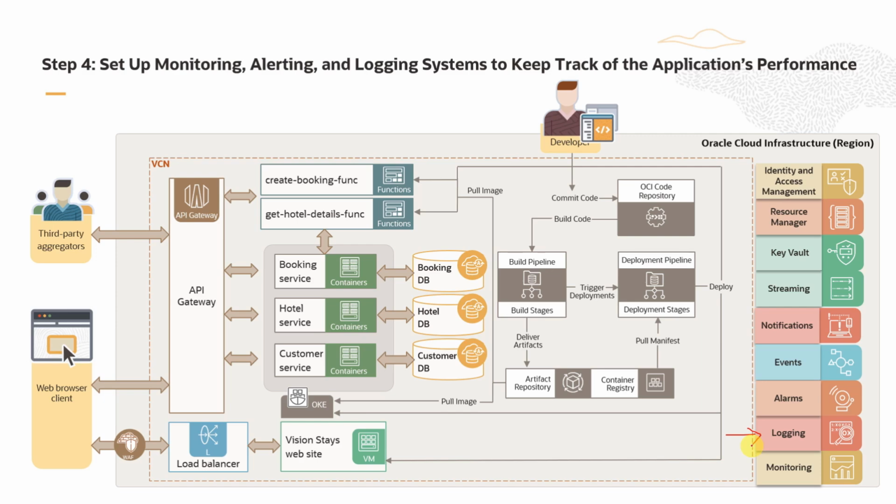This comprehensive logging data enables us to conduct thorough analysis, troubleshoot issues efficiently, and gain valuable insights into user behavior and system performance. By implementing these observability services, we can proactively monitor the Vision Stays application, promptly address any issues that may arise, and ensure optimal performance and reliability for our users.